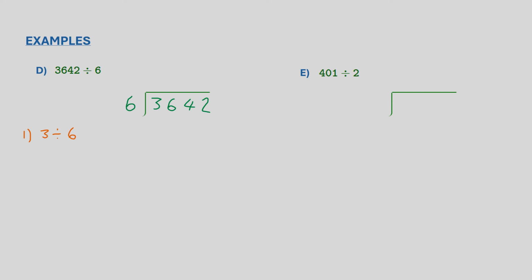Now with this first division, it's the case that there are no 6's that go into 3. So when working with short division, the answer itself is 0. But as we have done nothing with the 3, it actually gets carried over like a remainder.